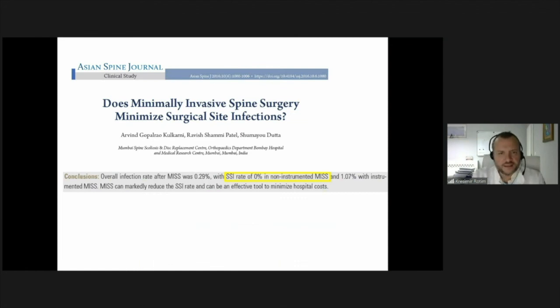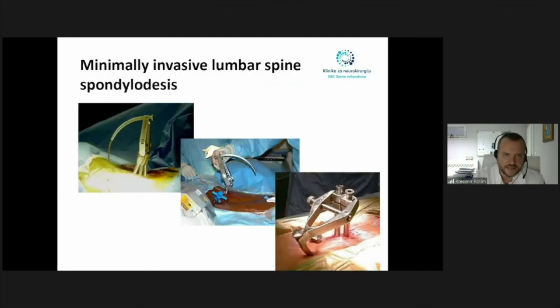And regarding surgical site infection, you can see here that there was no difference between the techniques applied.